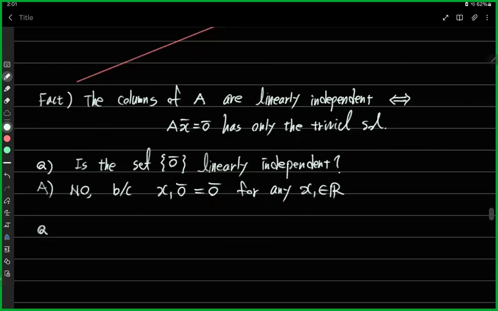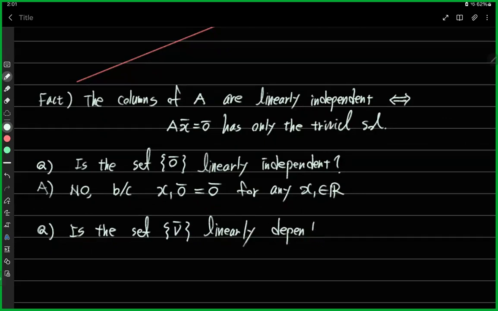Another question then. Is the set containing only v linearly dependent if vector v is not equal to the 0 vector? If you figured out the answer for the first question, it's easy to figure out the answer for this question.